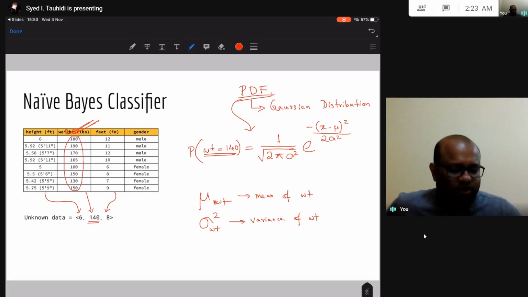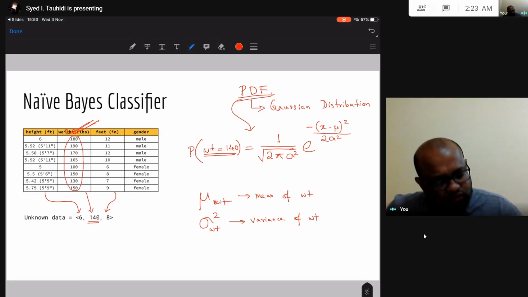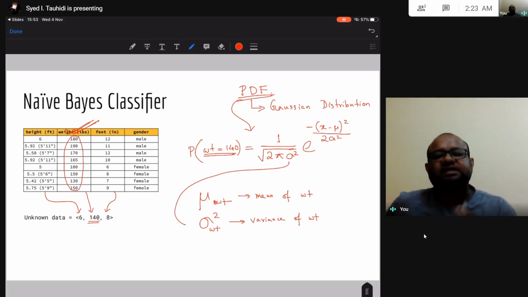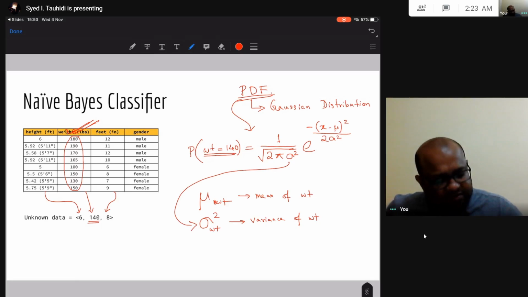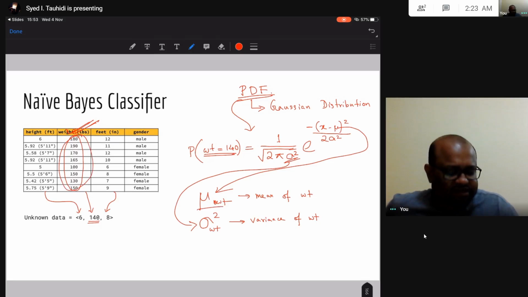Here sigma is the standard deviation and sigma square is the variance. I am directly going to replace sigma square with the variance, and mu is the mean. We have to calculate these from the data, and we will find mu and sigma square.